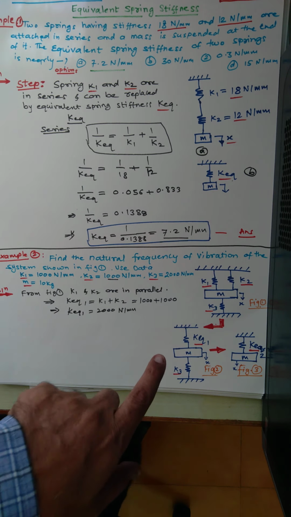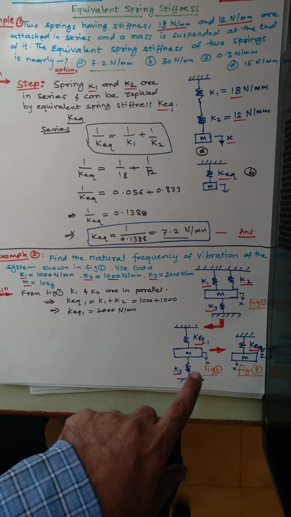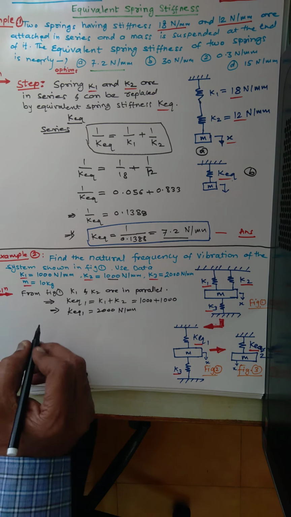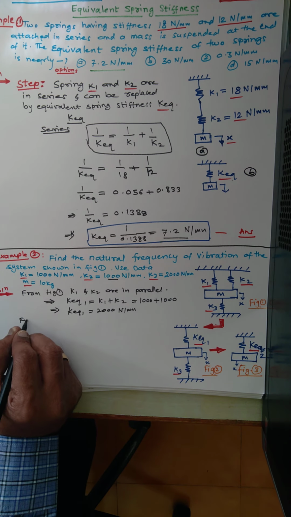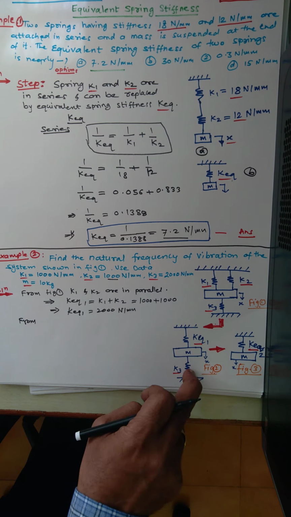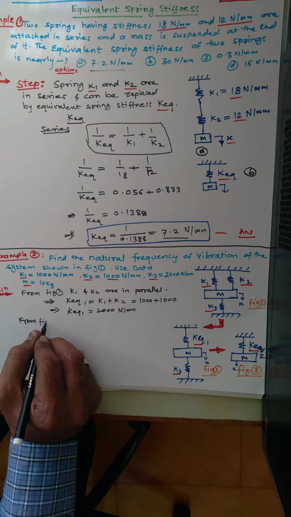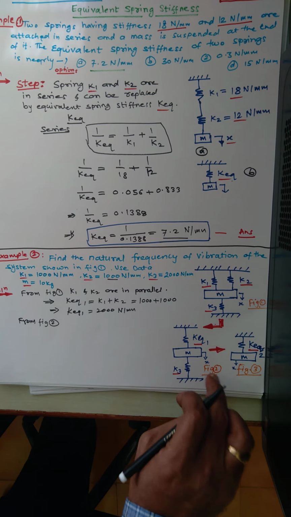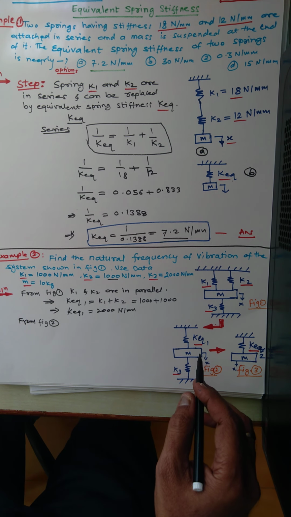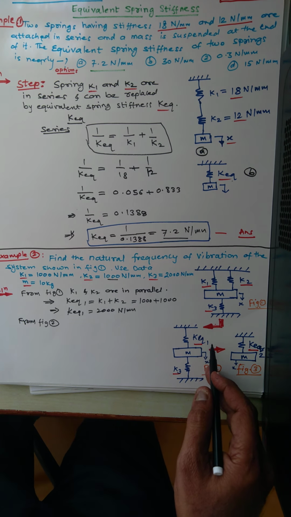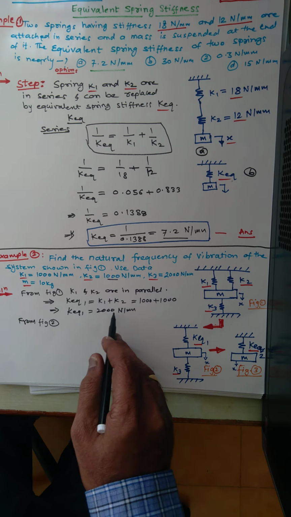Now the next step. For this we have to draw the diagram, figure 2, so pause and look at this figure carefully. Here the spring K equivalent 1 is obtained from this equation.